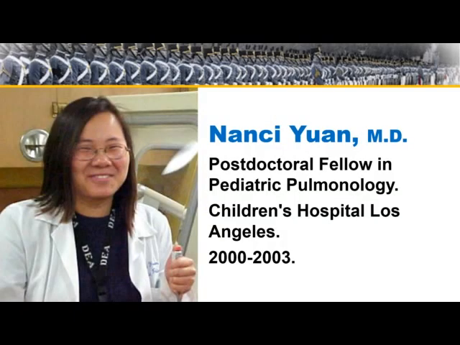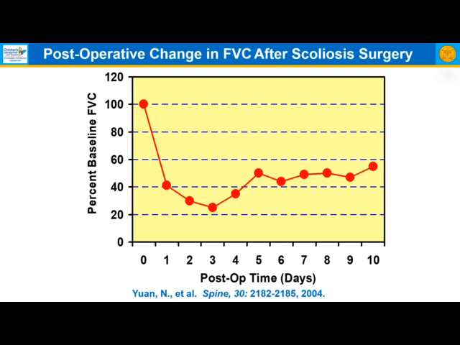Nancy Ewan was a postdoctoral fellow with us in pediatric pulmonology from 2000 to 2003, and she did a very nice study where she took a spirometer initially to the pediatric intensive care unit and then to the ward. She measured spirometry in patients, not with neuromuscular disease but other scoliosis patients, for 10 days postoperatively.